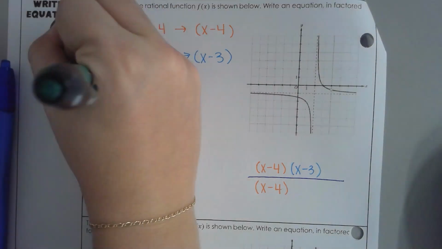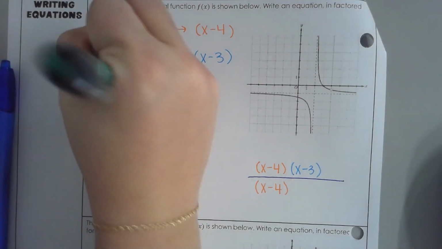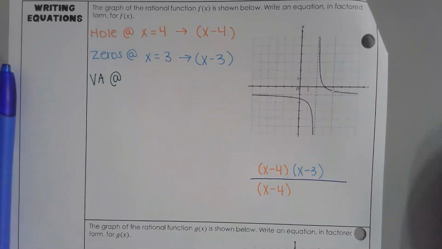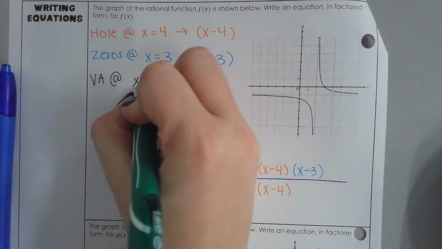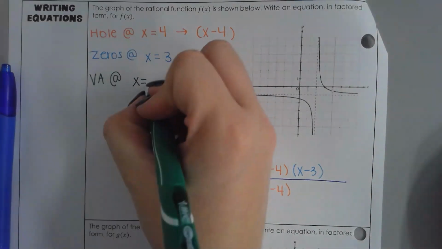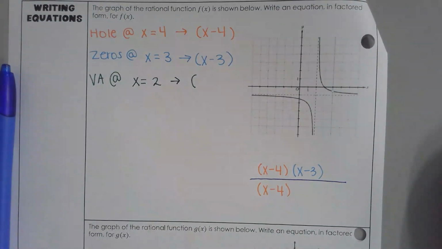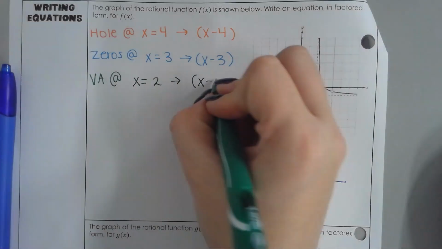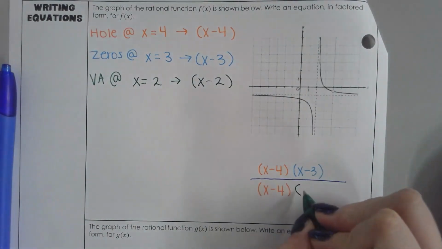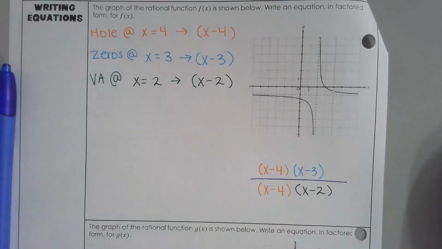What about vertical asymptotes? That's at x equals 2. So my factor that corresponds with that would be x minus 2. And vertical asymptotes are factors that are left in the denominator.